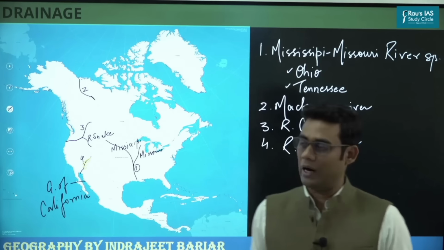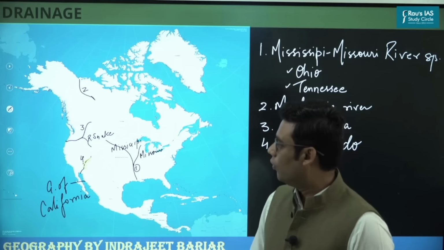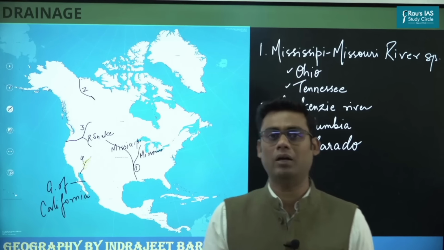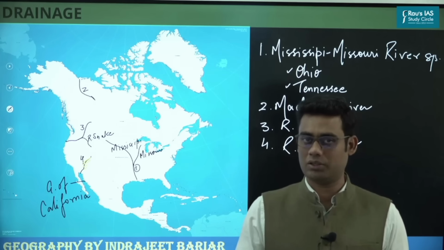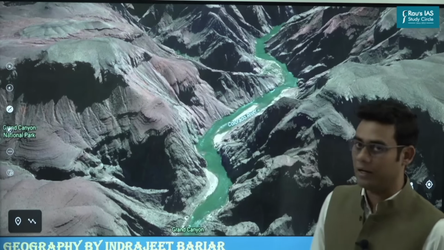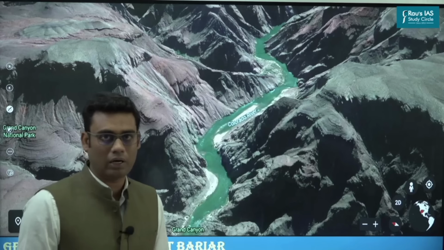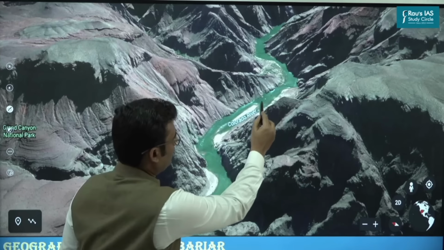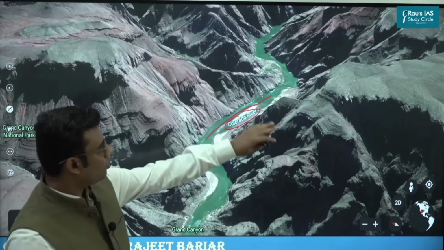Flowing through the Colorado Plateau, an arid region, the Colorado River creates some beautiful valleys, gorges, and canyons. An extremely popular formation here is what we identify as the Grand Canyon, which everyone must have heard about. This is where you can see the Colorado River flowing through the Colorado Plateau.